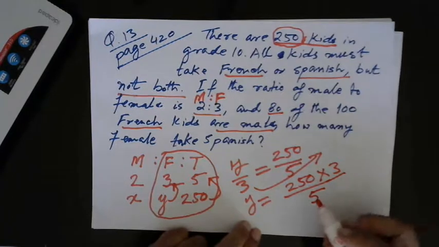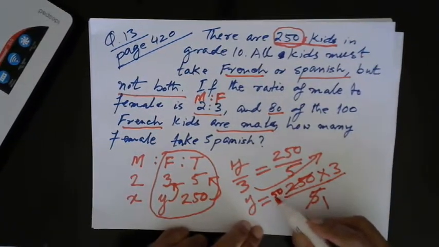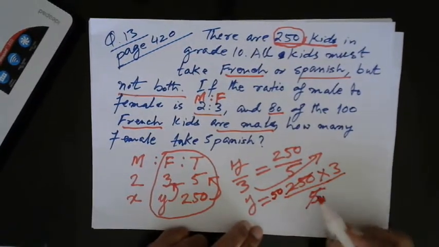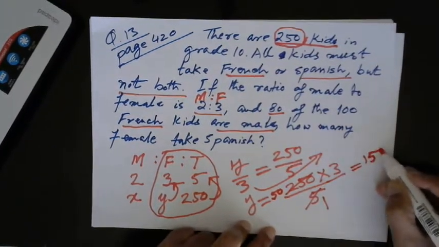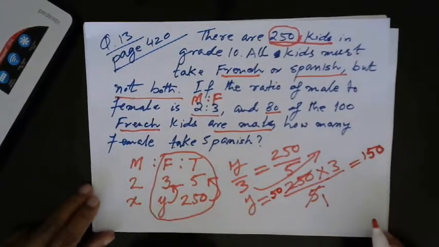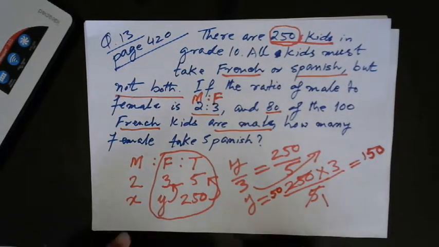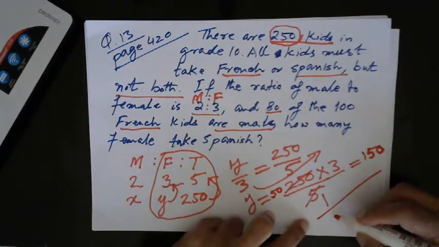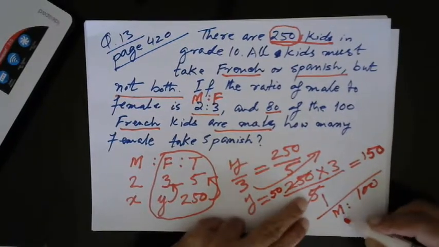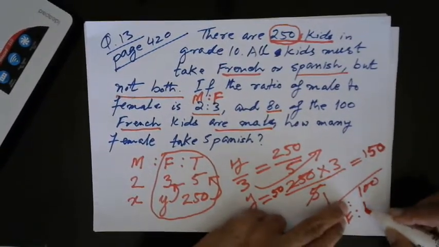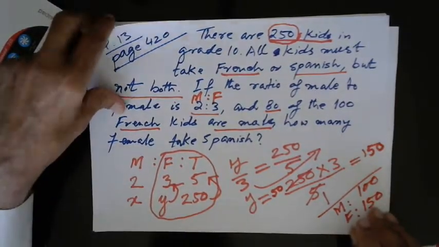Now you can cancel this. 5 ones are 5 and 5 50s are 250, and 50 times 3 is equal to 150. So females are 150 and therefore males are 100. Let me write it here: male 100 and female 150. We are going to use this.